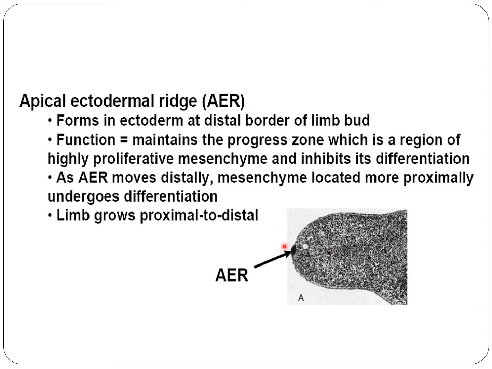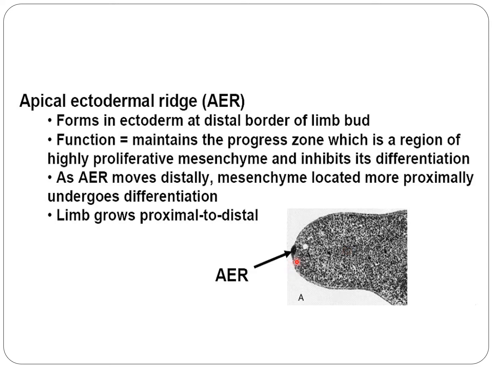As the apical ectodermal ridge moves distally, mesenchyme located more proximally undergoes differentiation. As it moves more distally, the mesenchymal tissue located more proximally undergoes further differentiation. So the limb grows in a proximal to distal direction. This apical ectodermal ridge appears at the distal border.